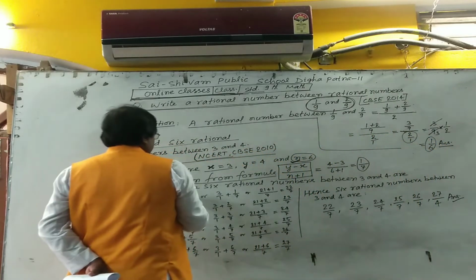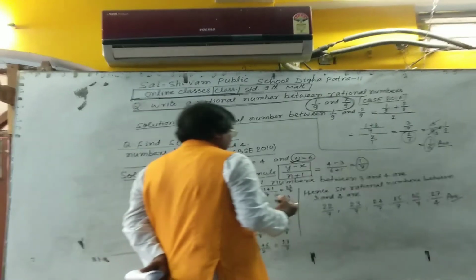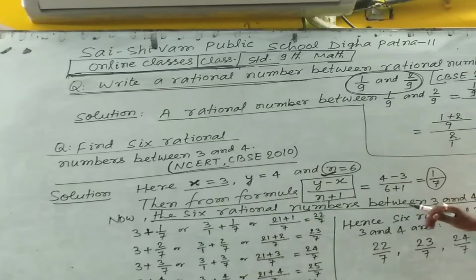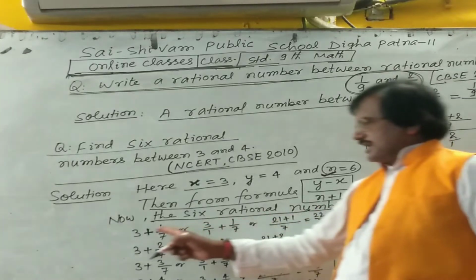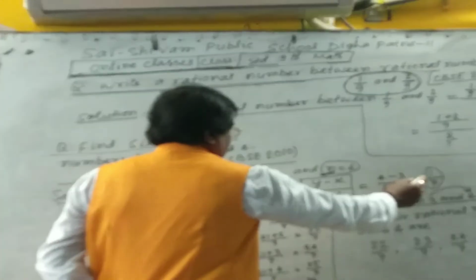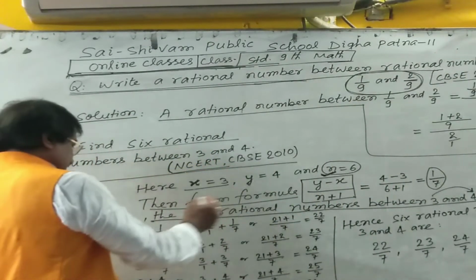You have to get 6 rational numbers between 3 and 4. Start from 3 and end at 4. Just remember it. From which it is started is taken as the initial, and then this 1/7 is put to get the 6 rational numbers.